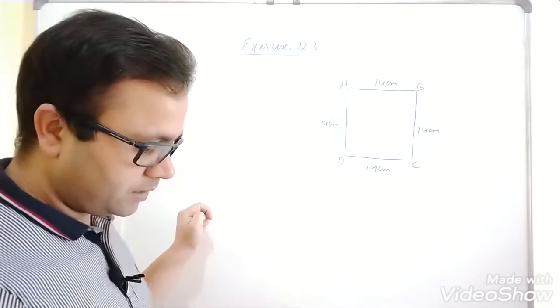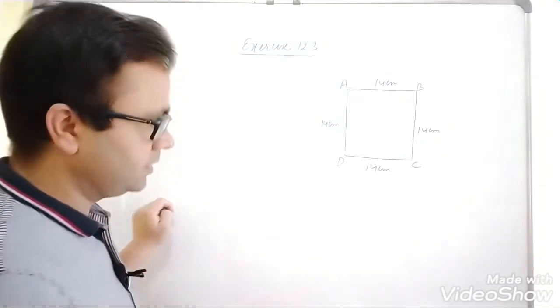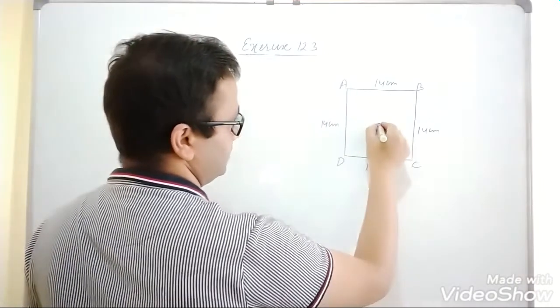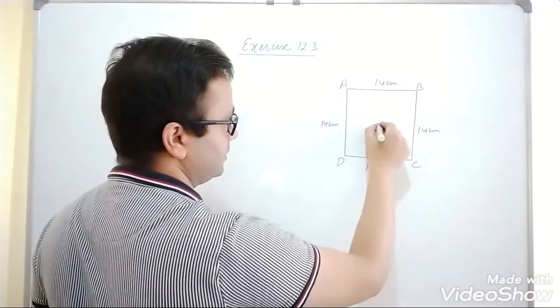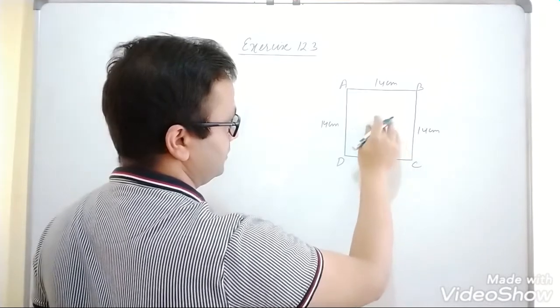And APD and BPC, there is a point P inside the square.